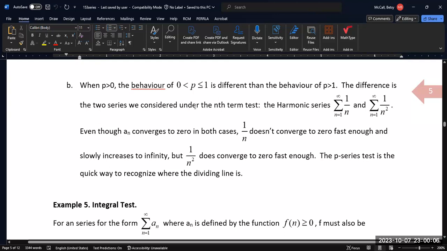They are not decreasing quickly enough. On the other hand, when you get values bigger than 1, like let's say p equals 2, then these do converge quickly enough, and the p-series, we can then say, in fact does converge.